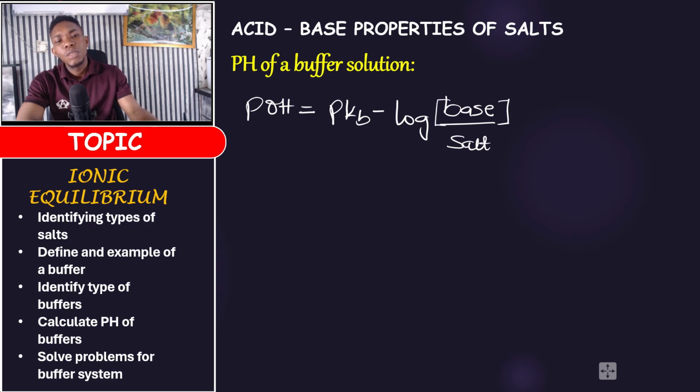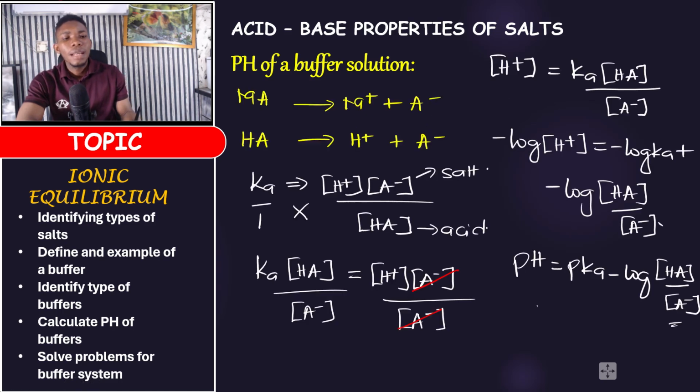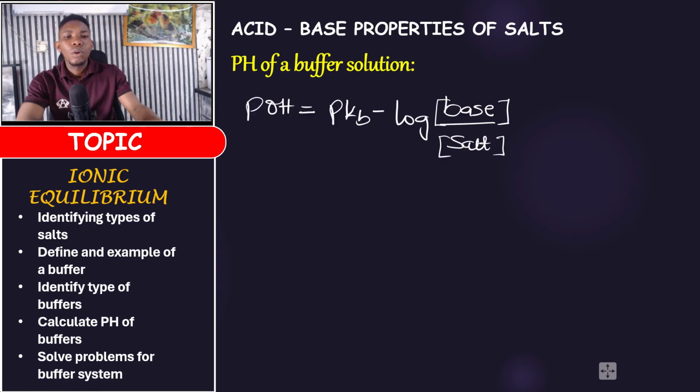That is just the difference between that of the base and the acid. While that of the acid, you have the acid on top and the salt under. This one also, base on top, salt under. Is that okay? So if you are asked to calculate pH, you use the acid. If you are asked to calculate pOH, you use that of the base.